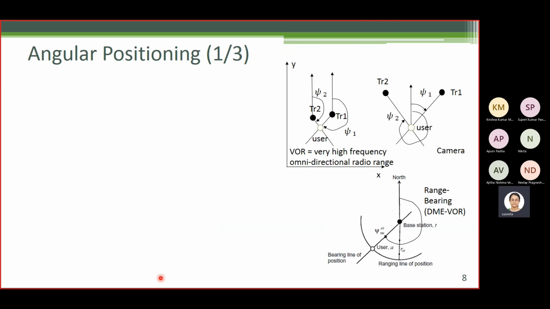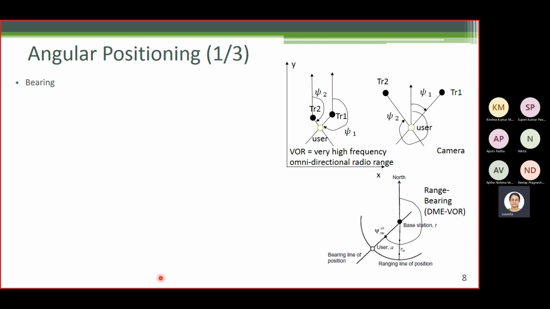The next technique that we are going to discuss is angular positioning. As the name suggests, here we are going to make angular measurements. First, we'll see how angular positioning can be done in 2D, two dimensions. Then we'll extend it to 3D.